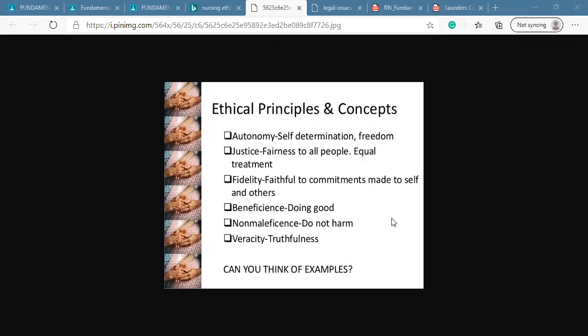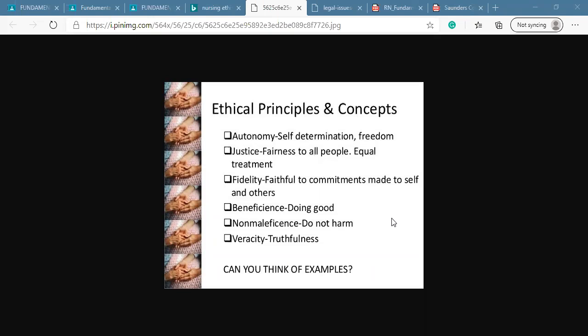So autonomy, basically, means the patient has the right to make his or her own decision, even if it is not in his or her best interest, right?